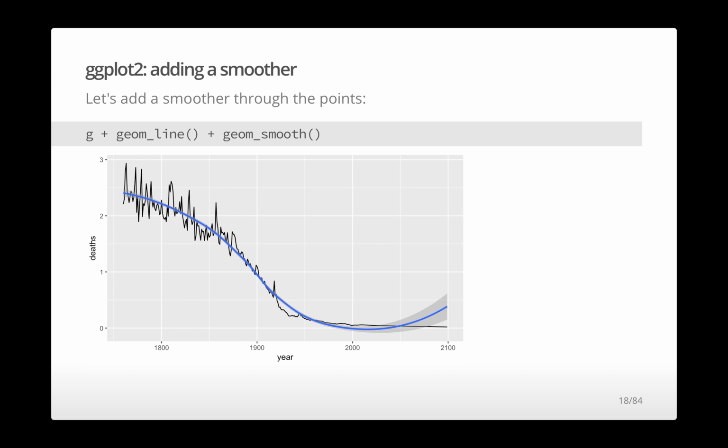A lot of the time, especially when you're using longitudinal data, that standard error estimate is not correct. The data is correlated. That standard error estimate is usually assuming the data is independent. So if you say SE equals false as an argument within here, you can tell it not to print the standard error estimate.